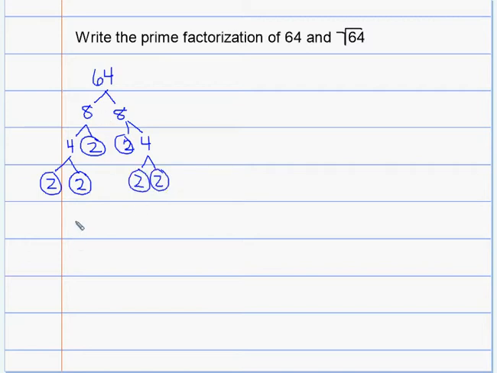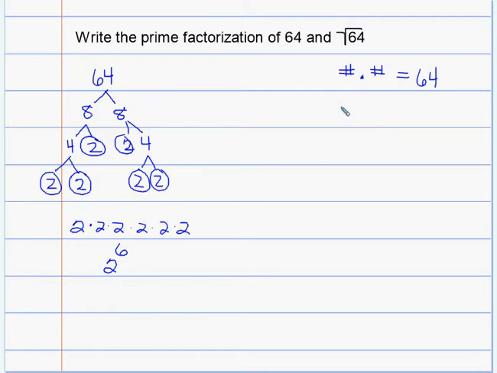So my prime factorization is 2 times 2 times 2 times 2 times 2 times 2, or using exponents, that is 2, 1, 2, 3, 4, 5, 6, 2 to the 6th power. The square root of 64. So take a minute and ask yourself, what number do you multiply times itself that gives you 64?